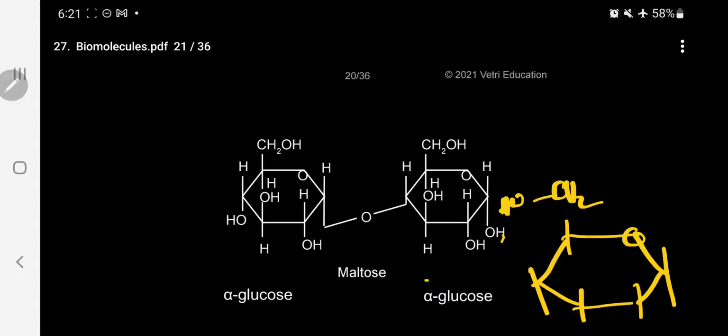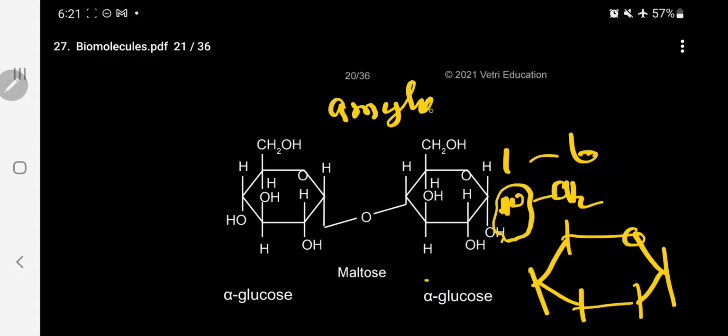Kindly follow. This H and this OH are getting eliminated. So this linkage is called 1,6 linkage. Please follow. 1,6 linkage. So this is a branched one. This is called amylopectin. I hope you can understand.